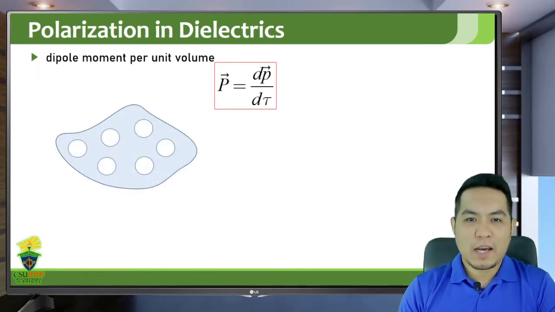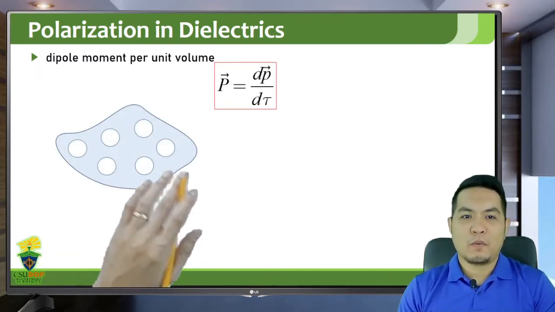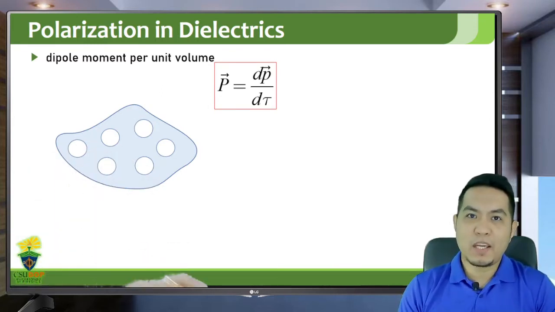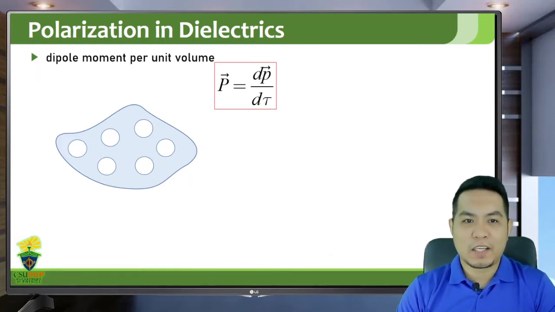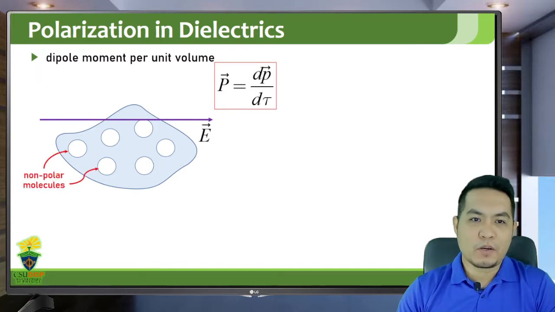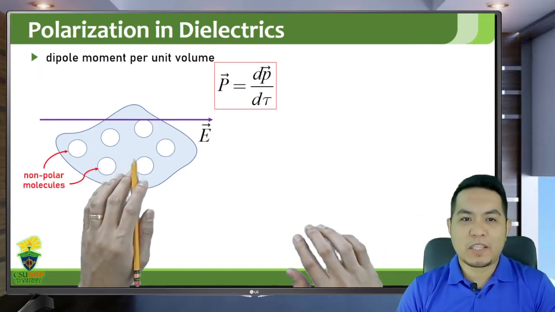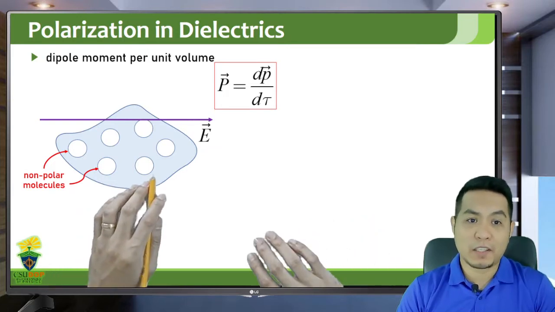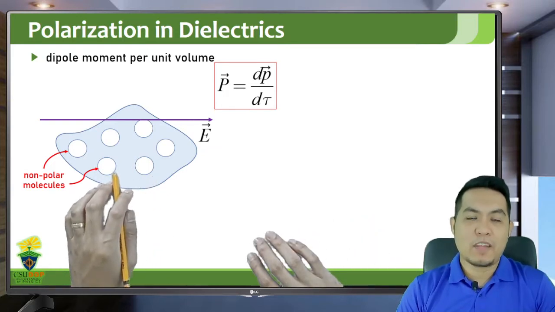So what happens when an electric field passes through a material? We will be presenting two cases for insulators or dielectrics. The first one is if your dielectric is made of nonpolar molecules.